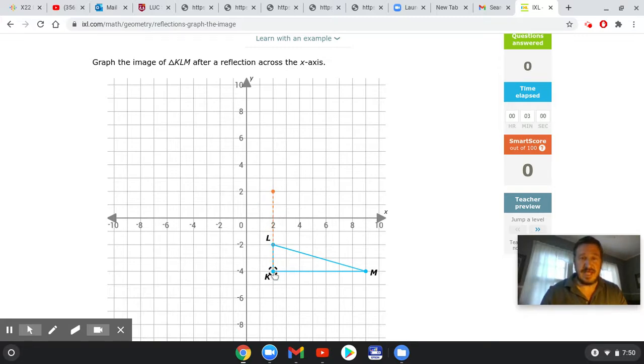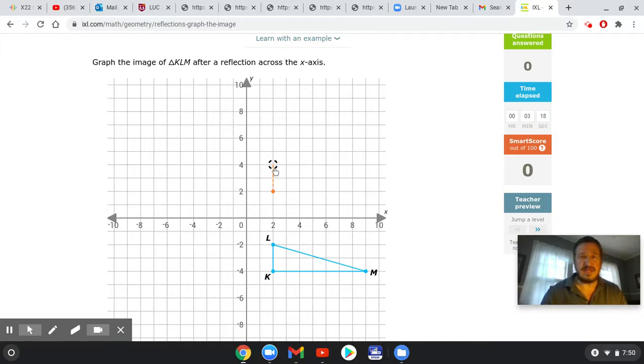Then if I look at K, K looks to be 4 from the x-axis, so if I move this point 4 and then go 4 more, I should be down here somewhere. Does that make sense?